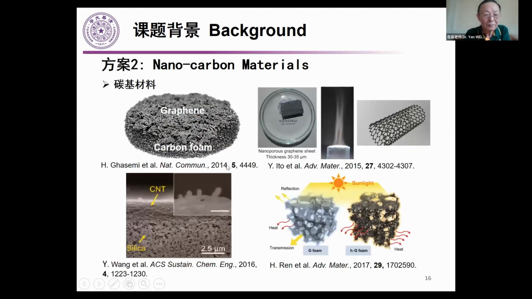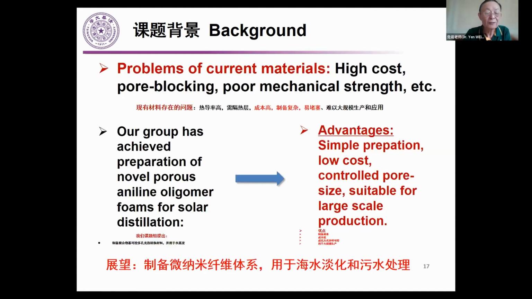The second one, lately very popular, is the carbon materials. You can have carbon nanotubes, the graphene sheets, everything. Also a lot of paper. But these two materials, as you can see, have some really serious problem. One, if you use gold, it's too expensive. We like to do a couple of square kilometers of ocean surface. We do not have that much gold.